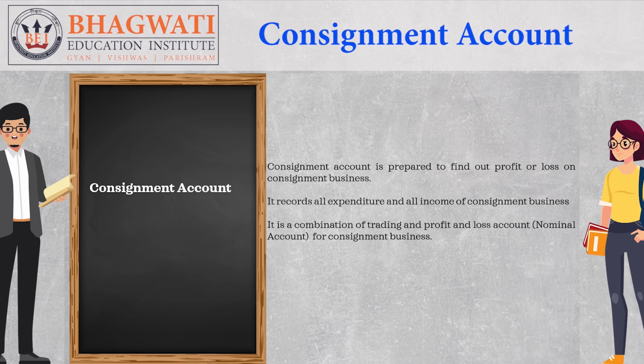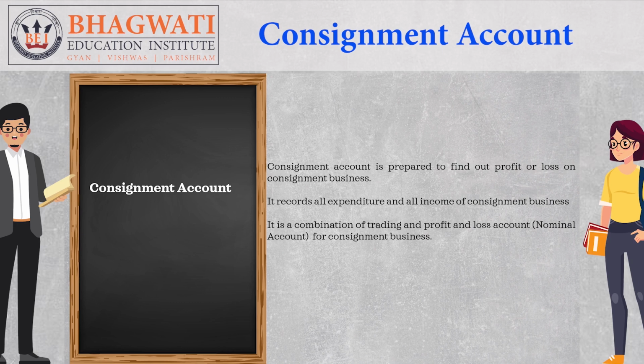Why a combination of trading and P&L? Because here it includes all the items which come in trading and all the items which come in P&L. Say for example, sale of goods, generally we record in trading account in main business. Commission paid to salesman, here salesman is what? Consignee. So even that is recorded here.